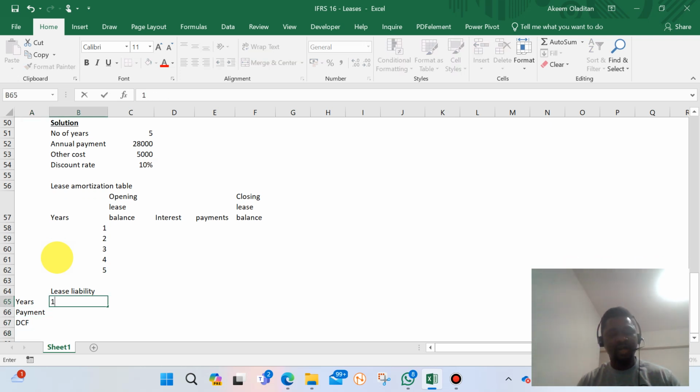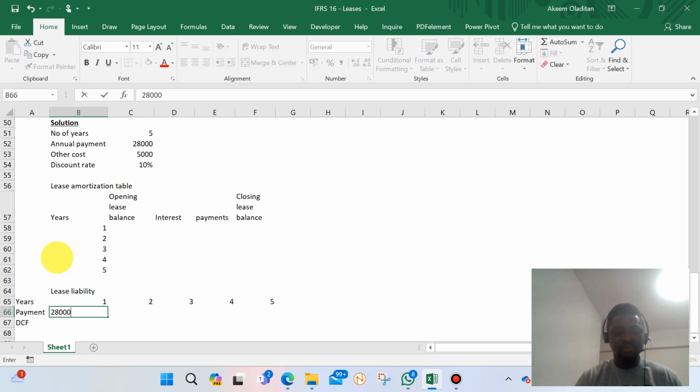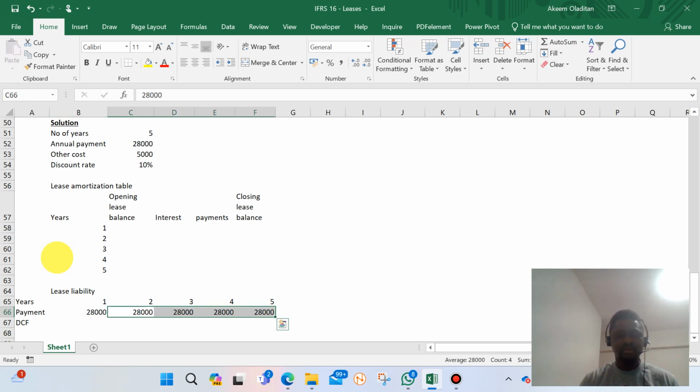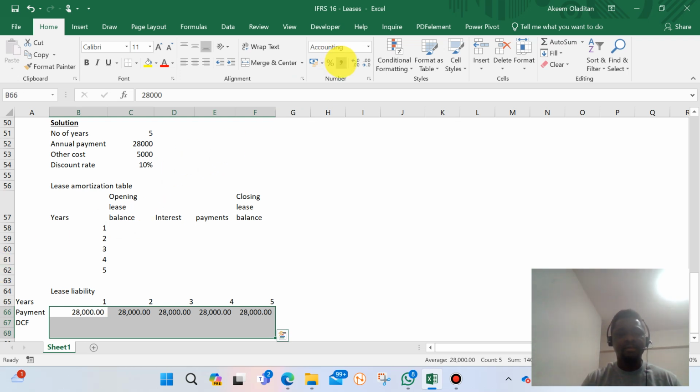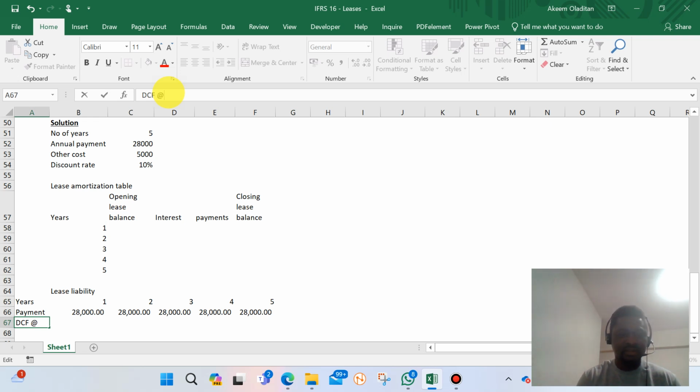The years are 1, 2, 3, 4, 5. So on each of these years, the question says $28,000. So what is the interest rate? Discounting factor at, don't forget the question says 10%.